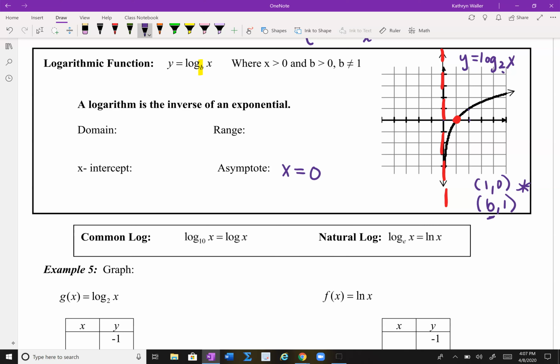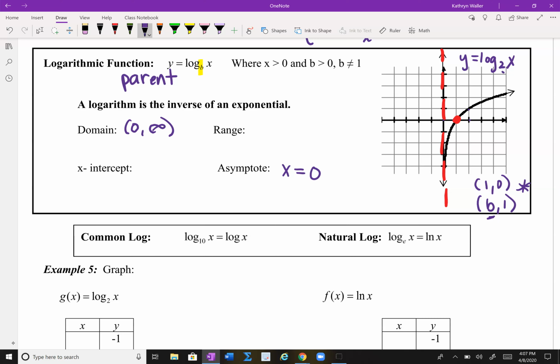Then once you have it graphed, then you can start asking what's the domain and the range and all that. So by the way, these are parent. So I want you to write down the word parent. These things work for the parent, but then once we start doing adjustments, it changes things. So if you look at the graph, domain is x, start at the left, move to the right. Where's the first place that it hits it on the left? A 0, but it doesn't touch it because it's an asymptote. So it's 0 and bigger. So that would be 0 with a parenthesis to infinity with a parenthesis.